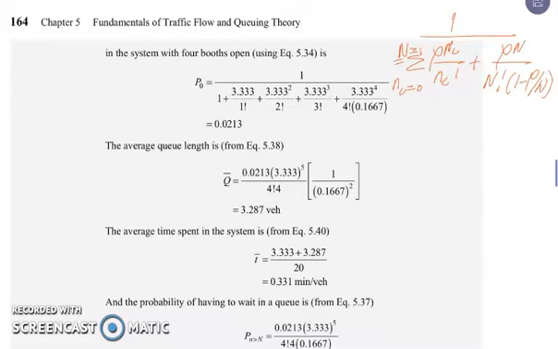So we get 1 plus 3.33 raised to 1 all over 1 factorial, plus 3.33 raised to the second all over 2 factorial, then plus 3.33 to the third all over 3 factorial, then plus 3.333 raised to the fourth all over 4 factorial, multiplied by 1 over 1 minus rho all over n.